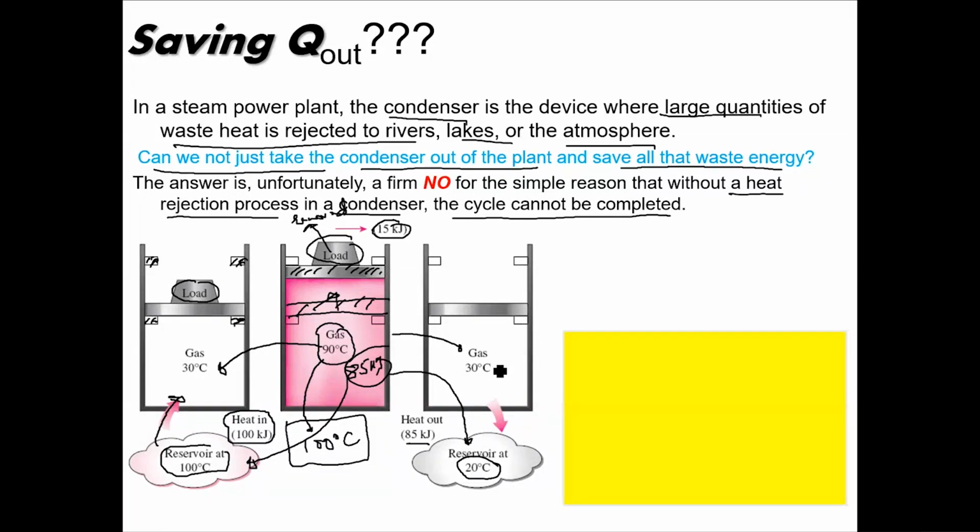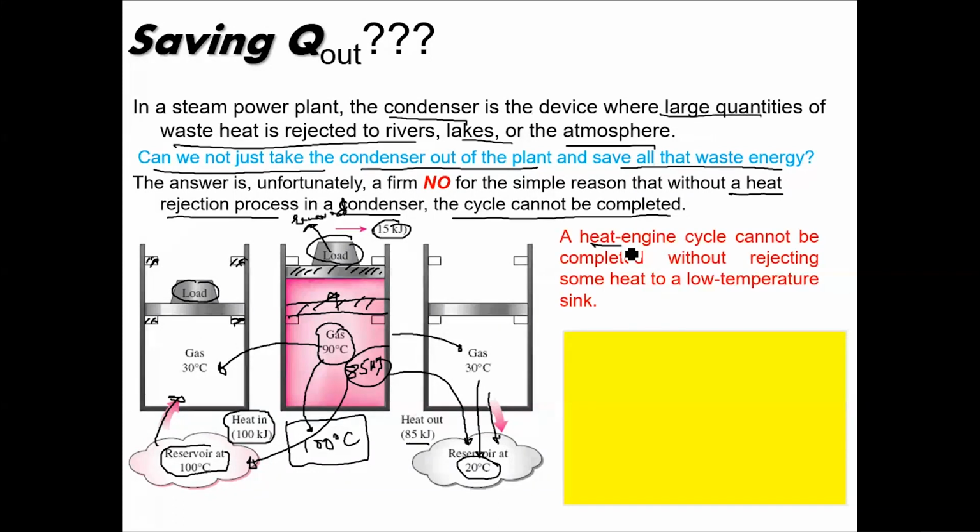And in order to do that, you have to extract the heat by bringing it in contact with a reservoir which is at a lower temperature, so that the heat transfer could take place. So you need the heat rejection process in order to complete the cycle and bring the system back to its original position. In other words, a heat engine cycle cannot be completed without rejecting some heat to a low temperature sink.